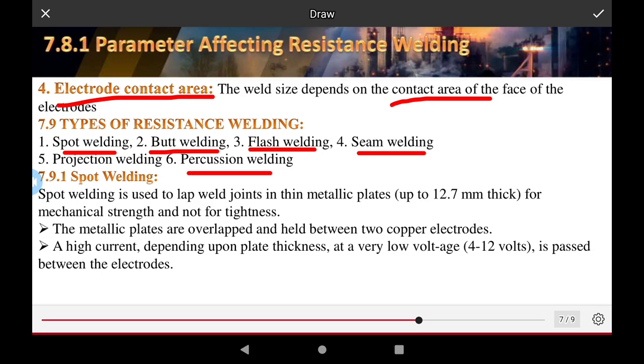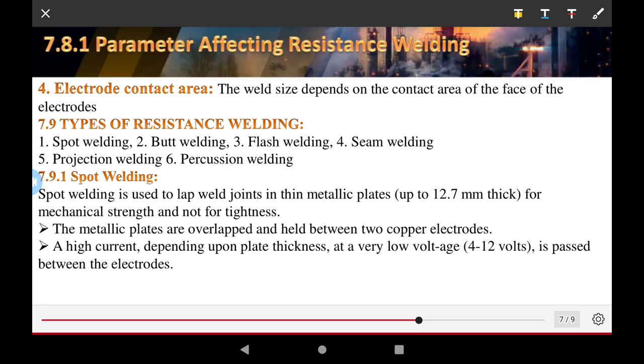Spot welding. What is spot welding? This is the welding process used to make lap weld joints in metallic plates up to 12.7 mm thickness, for mechanical strength but not tightness.